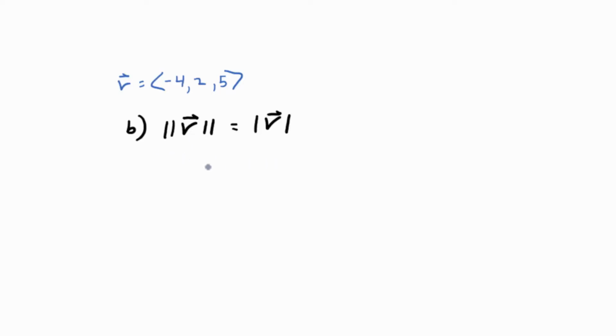So the magnitude of v is going to be the square root of, are you going to bother putting in -4 minus 0? No, it's just -4 squared plus the second component squared plus the third component squared. But it really is just the distance formula, which is a version of the Pythagorean theorem, except in space.